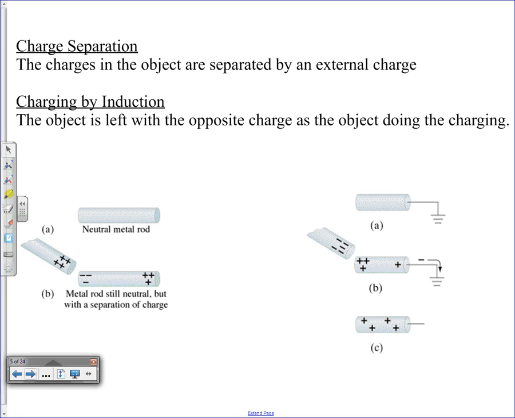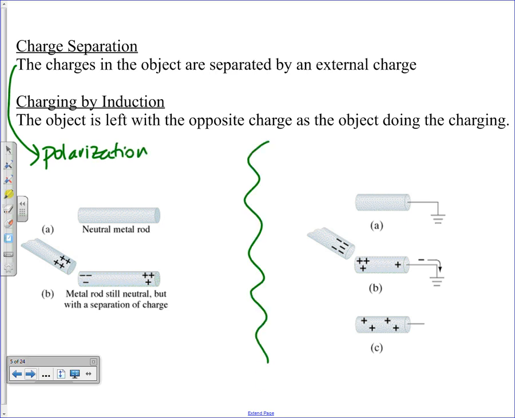There are 2 other situations I'd like you to know about. The first one is called charge separation. Charge separation is the same thing as polarization. And we're going to look at it on the left here. Again, I'm starting out with a neutral metal rod.